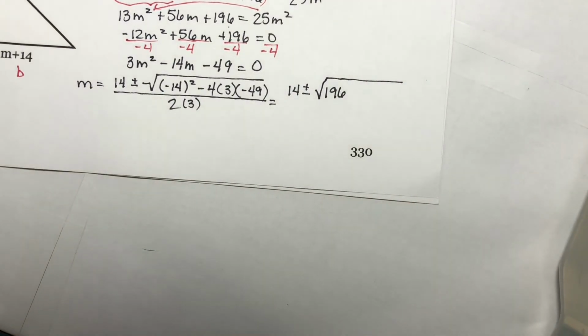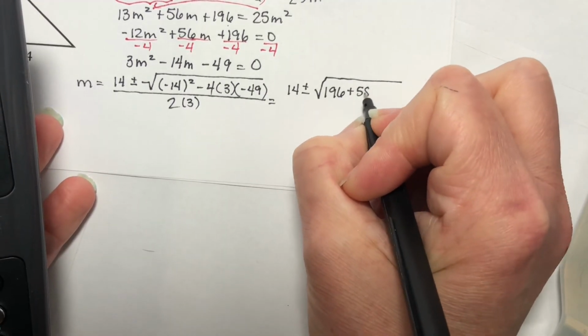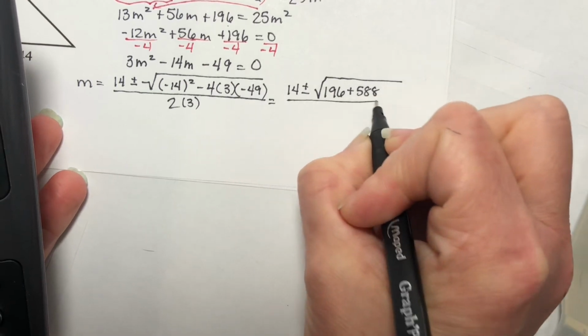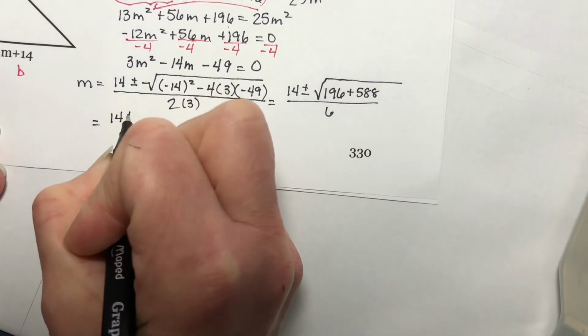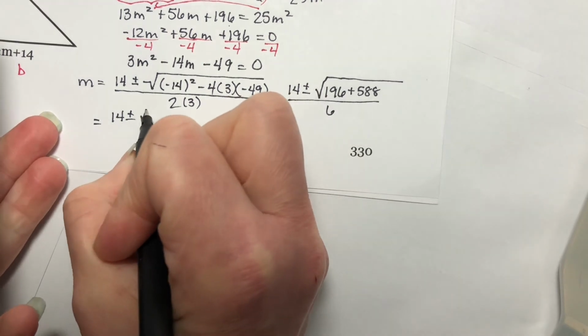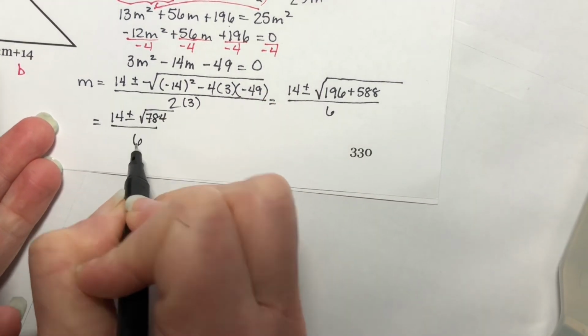And this is minus 4 times 3 times -49, so this is plus 588, all over 6. So 14 plus or minus the square root of 196 plus 588, which is 784, over 6.